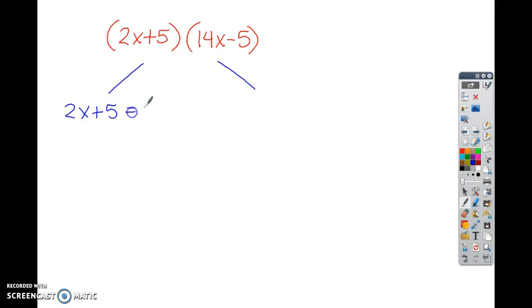My factors are 2x plus 5 and 14x minus 5. So you separate them, set them equal to 0, and solve. 2x plus 5 equals 0, solve. 14x minus 5 equals 0, solve.